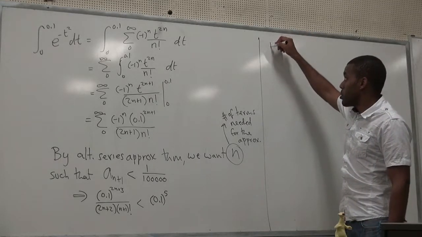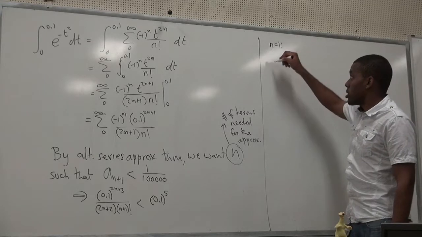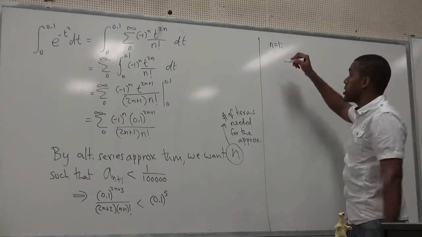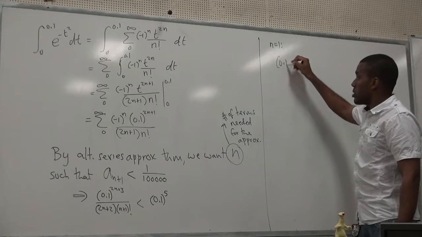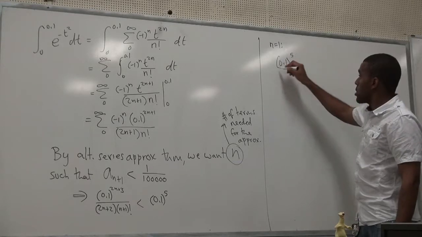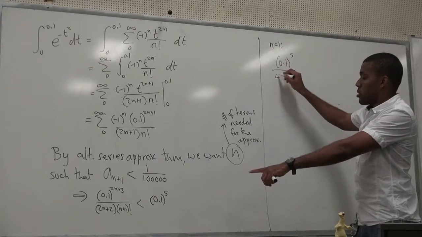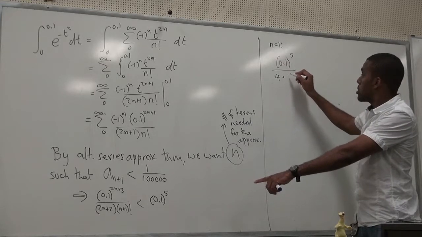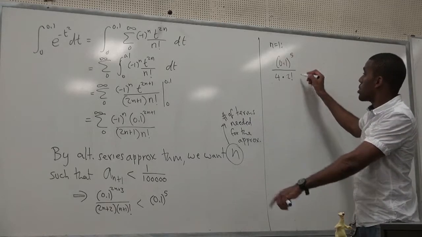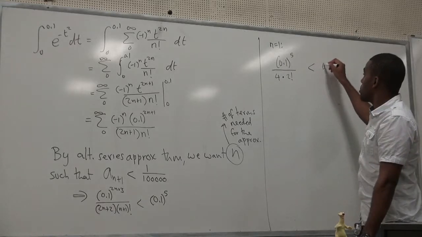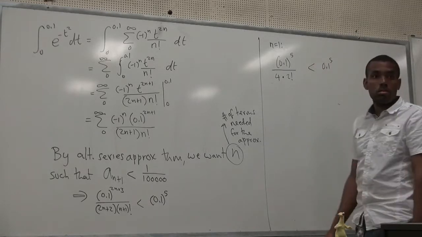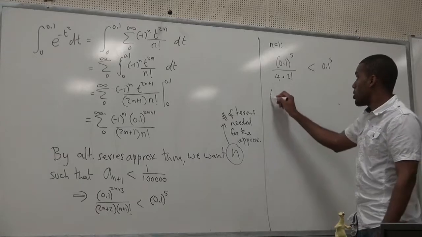By trial and error, if you plugged in n equals 1, then what would you get on this side? You get 0.1 to the 5th over 4 times 2 factorial, which is less than 0.1 to the 5th, right? So we only need one term.